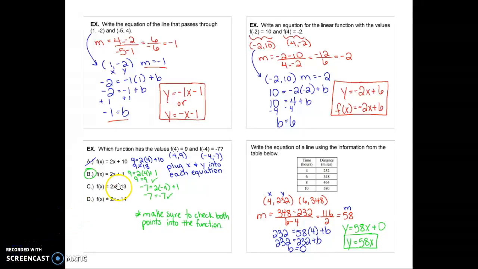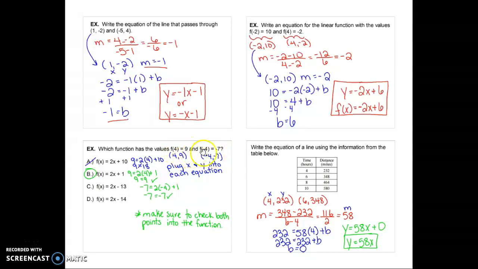Okay, now in this example, we want to figure out which one of the functions below, either a, b, c, or d, has the values f of 4 equals 9 and f of negative 4 equals negative 7. So we want to start like the previous example. f of 4 equals 9 means that's the point 4, comma 9, your x value and your y value.